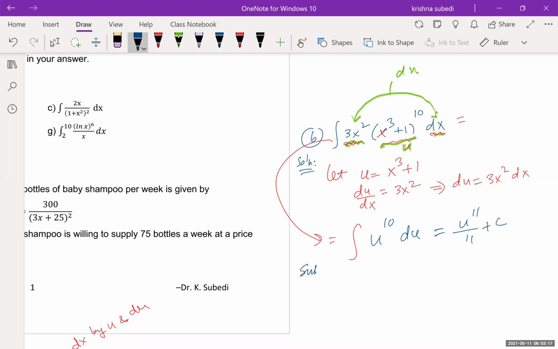So substituting the value of u back, we're going to get x cubed plus 1 raised to power 11 over 11 plus c. Done. That's the answer.